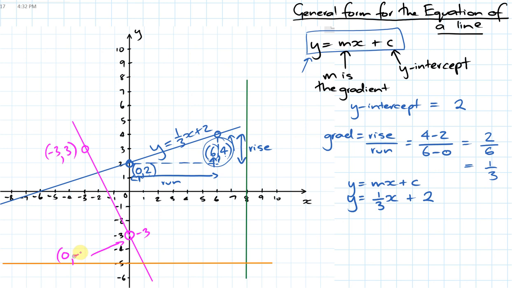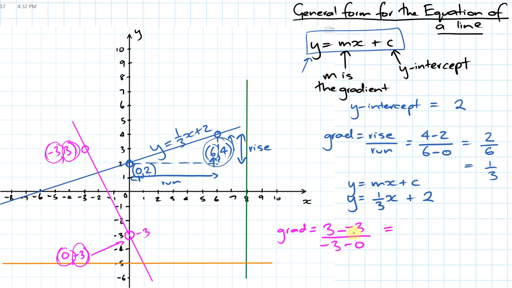And then if I use my y-intercept, that coordinate there is (0, -3). So if I'm calculating the gradient of that pink line, I'm going to do my y values first. That 3 minus negative 3 is the change in y, divided by negative 3 minus 0. So the change in y divided by the change in x, and you're finding the difference between those values.